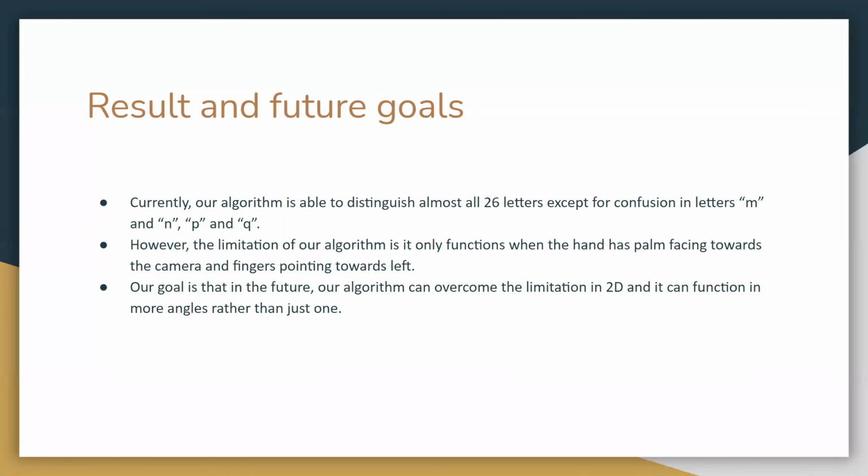So the huge limitation is that our algorithm is limited to only one angle, as I have already mentioned. This is a very huge limitation we will want to solve further.